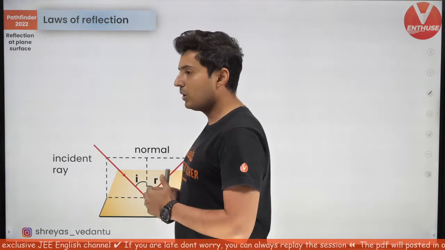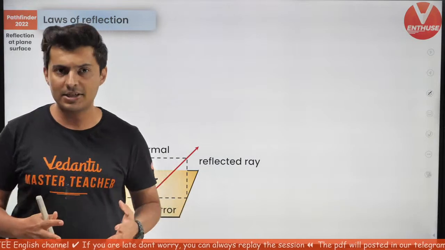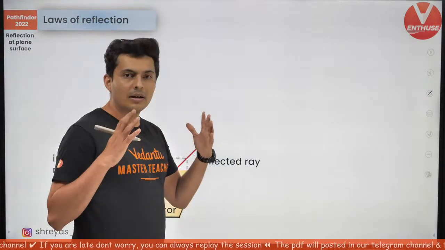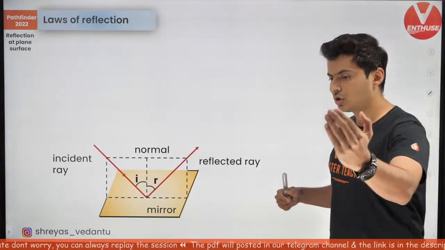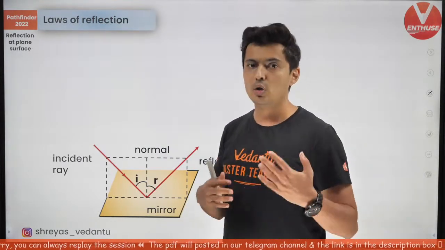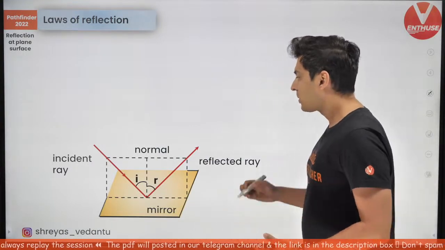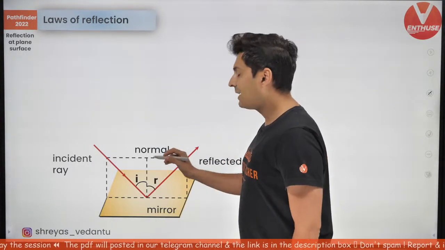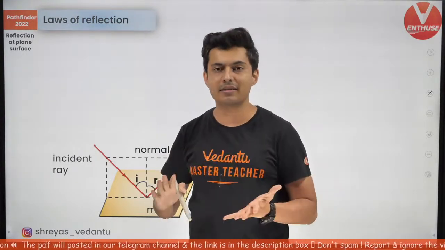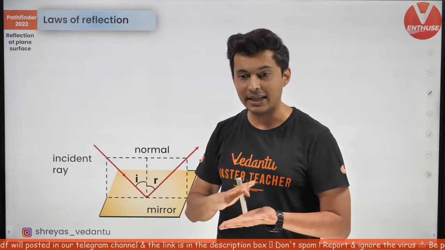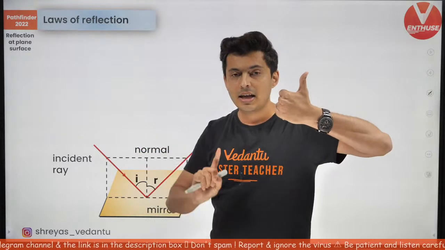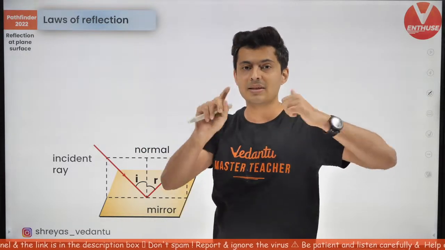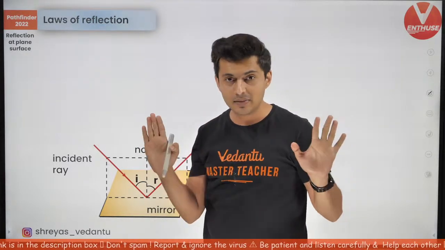So, first of all, the laws of reflection. These are very easily understood. These are probably also seen by you during your earlier lower grades. So, we all know that whenever any light falls on any surface, it gets reflected, and the incident ray, the reflected ray, and the perpendicular drawn to the surface, they all are in the same plane.